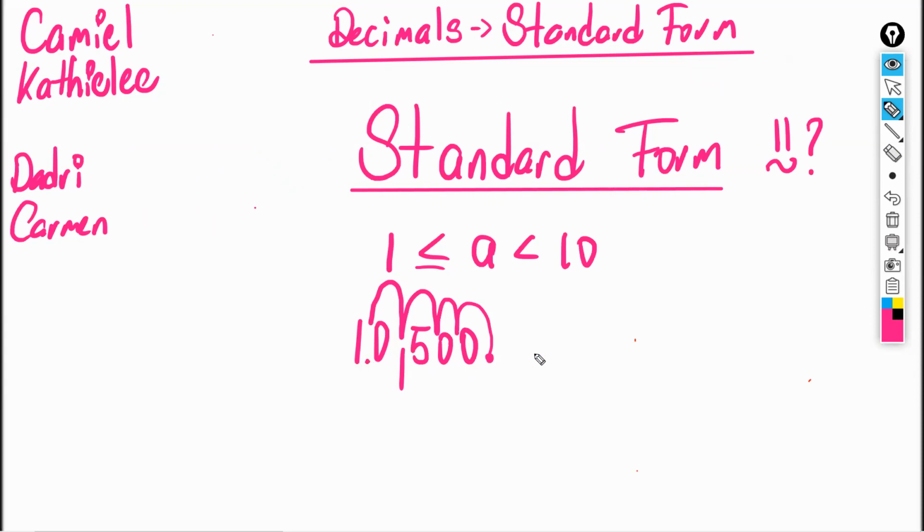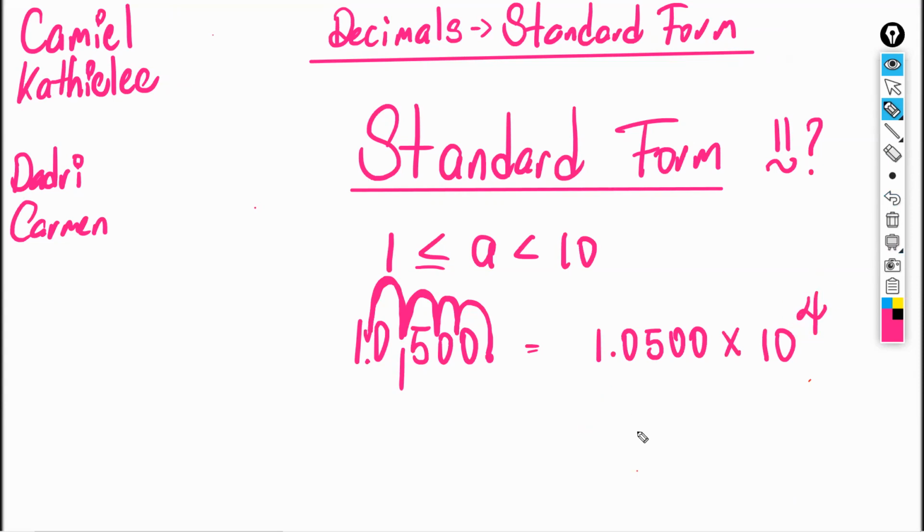You're going to end up with 1.0500 multiplied by 10 to the 4. Why is it 4? Because we moved 1, 2, 3, 4 places to the left. That's why it's 10 to the 4.